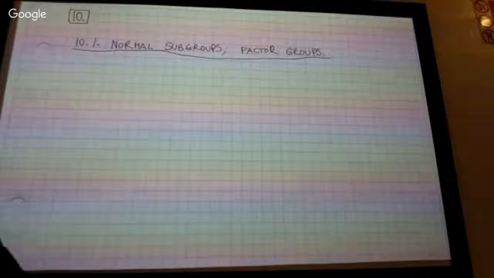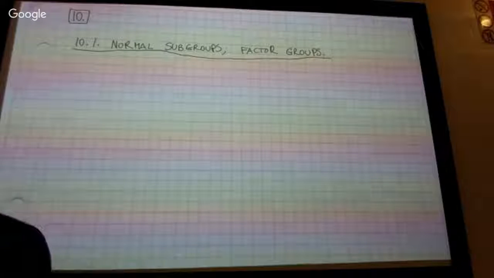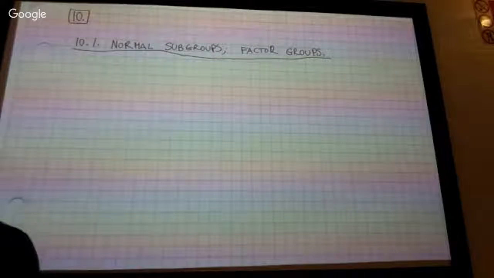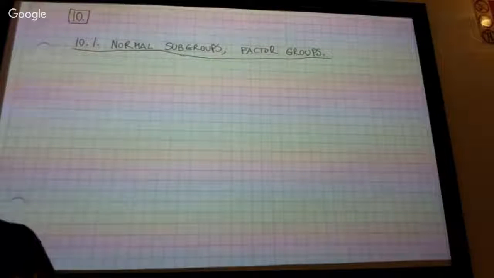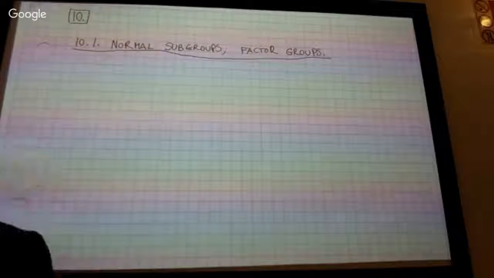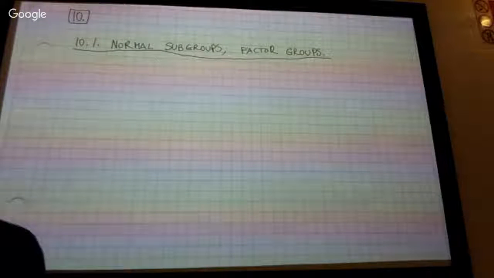What on earth is that good for? You'll see. We kind of decompose groups into simpler groups and then into even simpler. But that's only coming later.